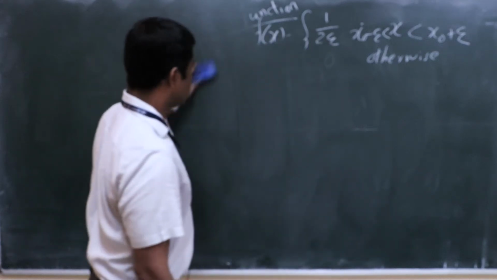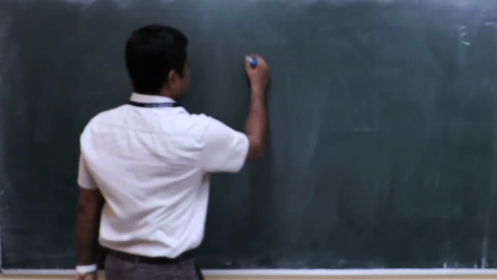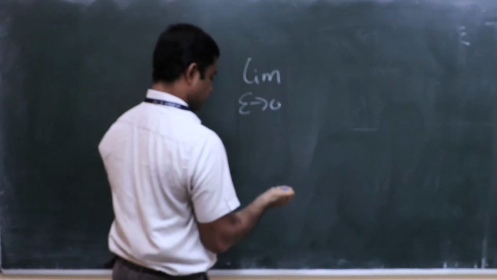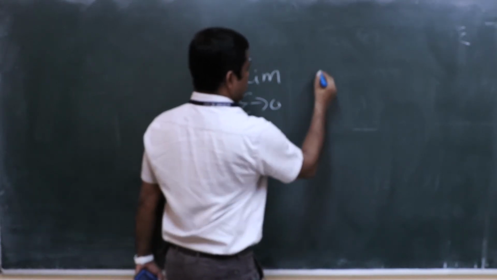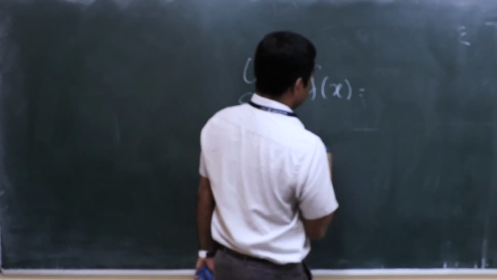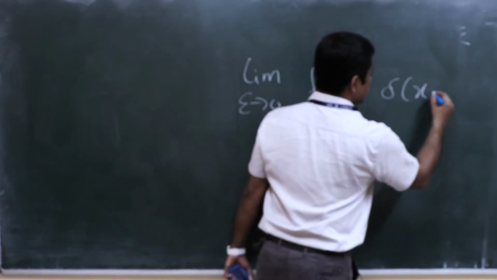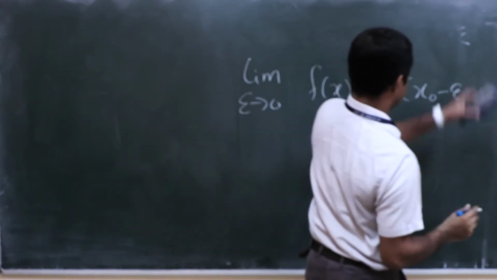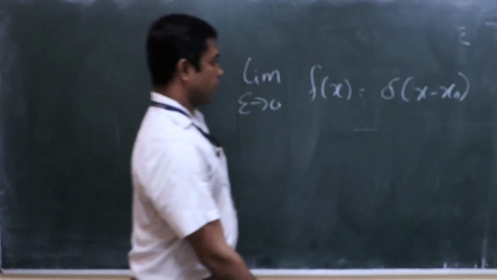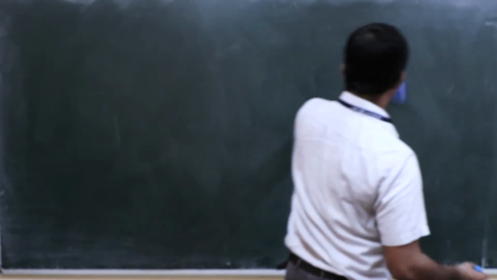So the limit epsilon tends to 0 of f of x, where f of x is the box function defined earlier, is equal to delta of x minus x0. So you already know the properties of this, now let us get into the delta function.